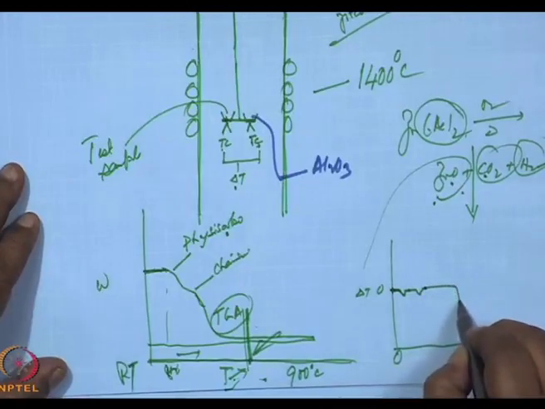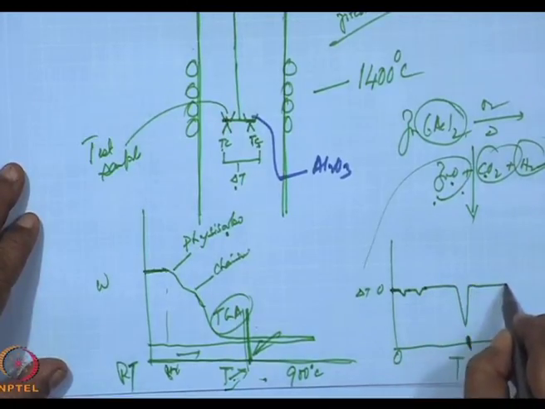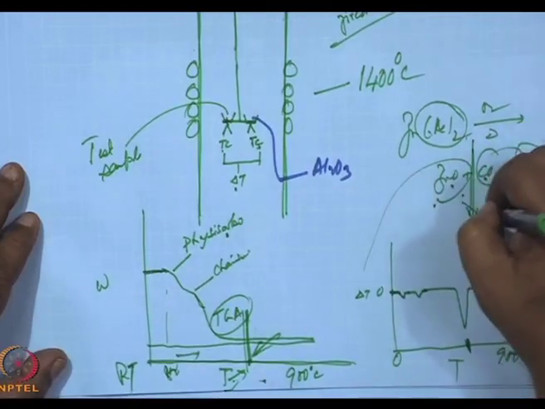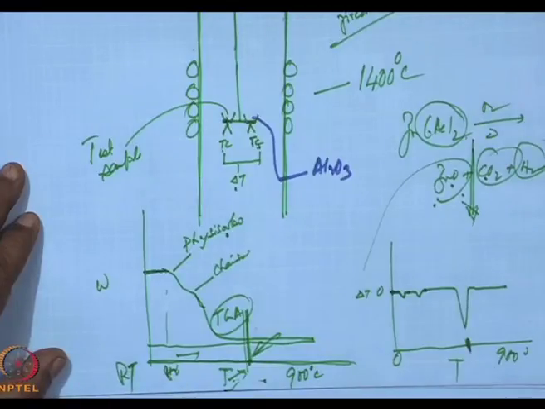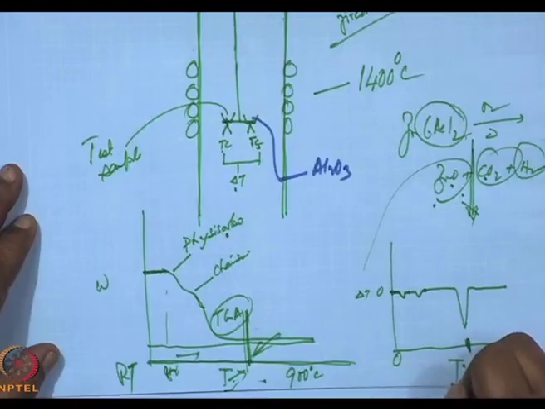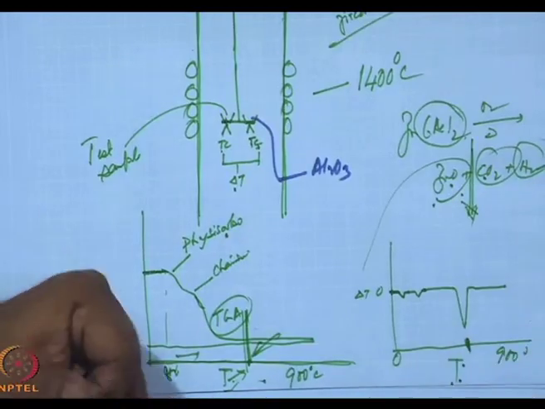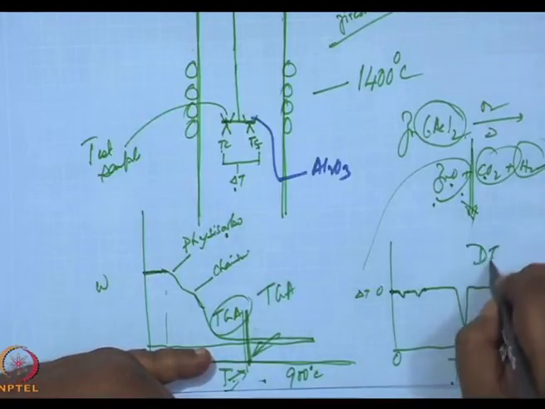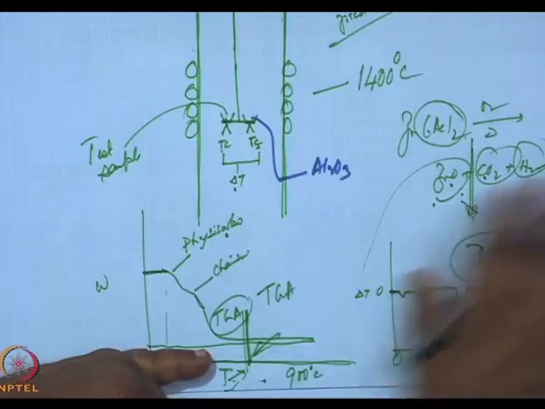And finally over here, I will see a large blip where this reaction is complete, because it has decomposed, it has taken away heat, it does not liberate heat. So this is the temperature at which zinc acetate decomposes, and I have verified it from two techniques. This is TGA and this is differential thermal analysis.